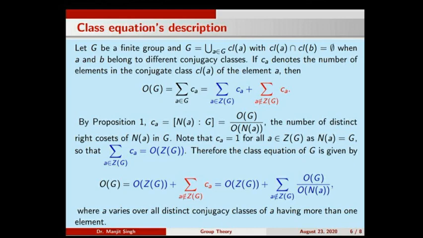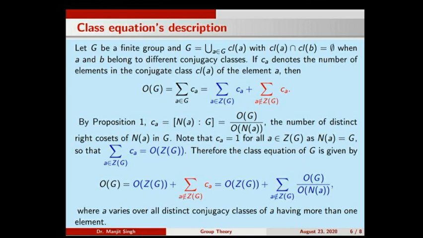Now we can divide this summation into two disjoint cases: when A is in the center and when A is not in the center. By the proposition, you see c_A is the index of N(A) in G, the number of distinct right cosets in G. Note that c_A equals 1 for all A belonging to the center.